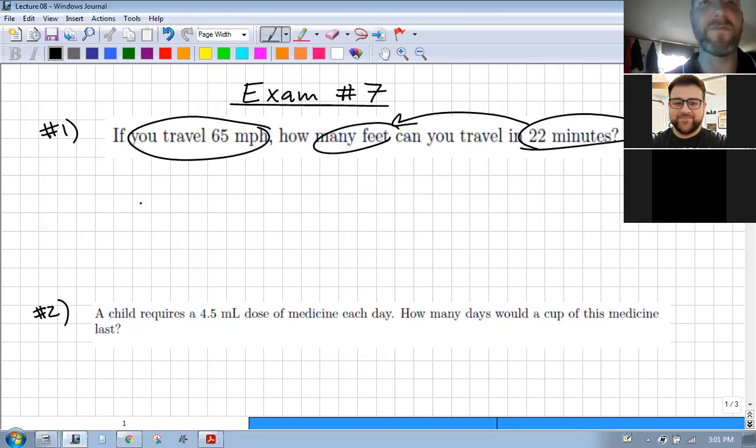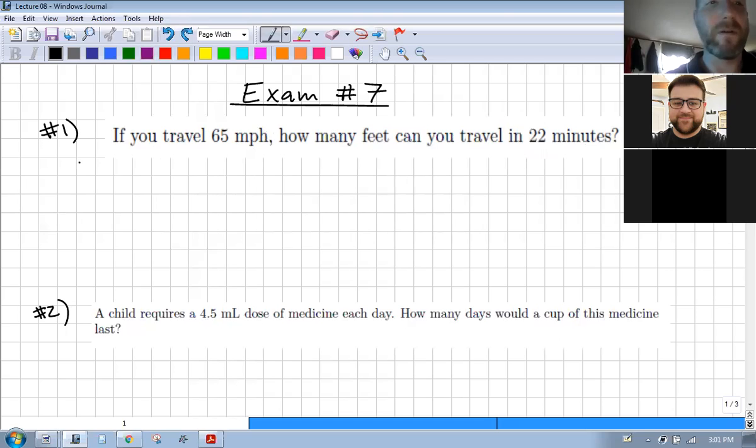And this is our conversion factor. They're saying 65 miles is the same as an hour. And then we have 22 minutes that we have to convert to feet. So if you want to, you could do 22 minutes, right?